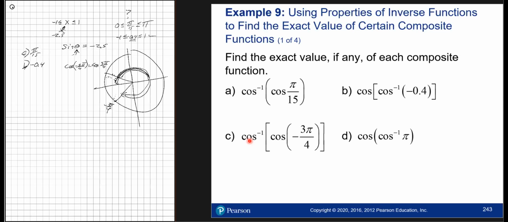And this is pi over 2, and 3 pi over 2, and 5 pi over 2, and then 7 pi over 2.